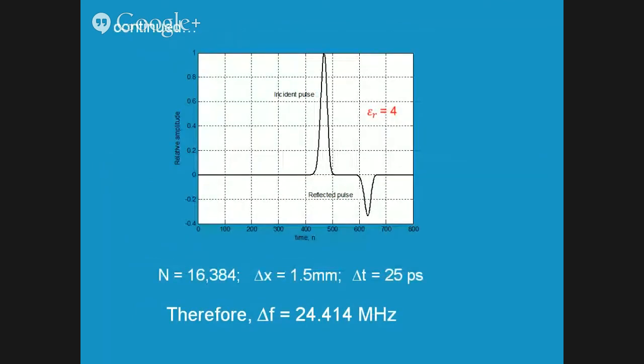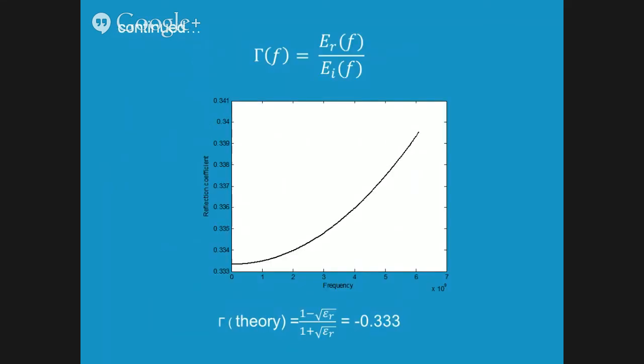So, this is the same example we were talking about. In this case, we have taken n equal to 16,384 time steps with delta x equal to 1.5 millimeter, delta t 25 picoseconds. Therefore, the frequency resolution in this case was around 24 megahertz. And from the data, we calculated the reflection coefficient at the air dielectric interface, and this compares with the theoretical value.